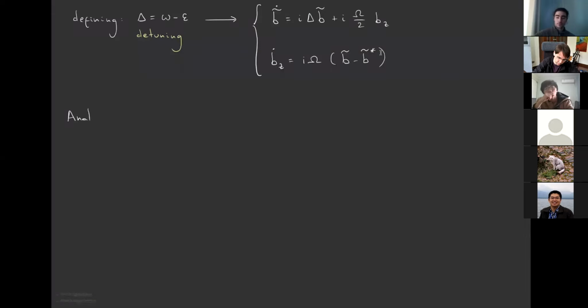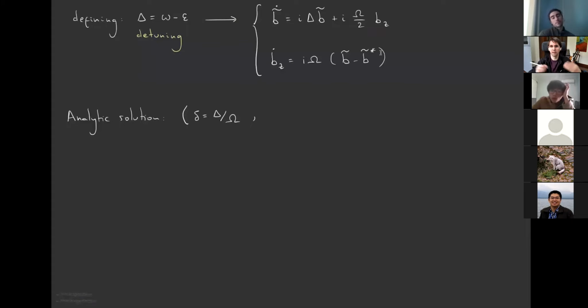So let me just present you the analytic solution. And the analytic solution can be written in terms of just two parameters. So again, we have also two parameters in this equation, no? We have delta and omega. So I will define a normalized detuning, which is the detuning divided by the strength of the interaction, or the perturbative part of the Hamiltonian.